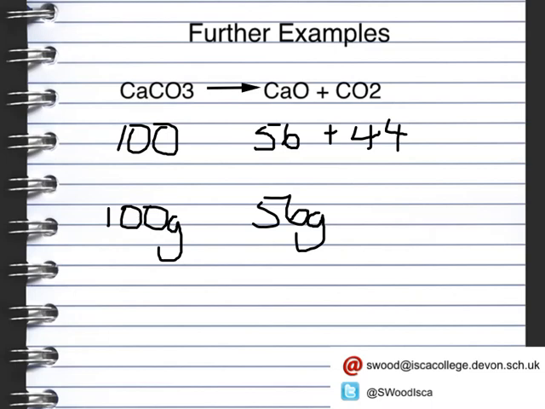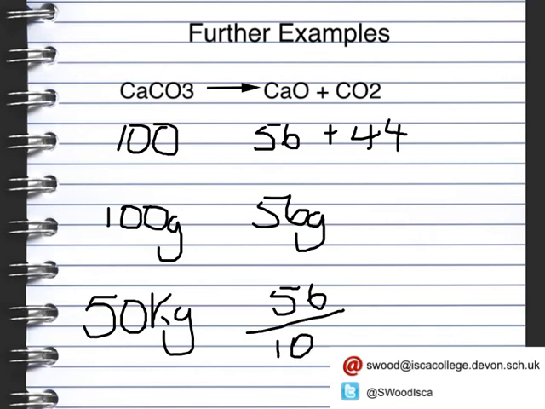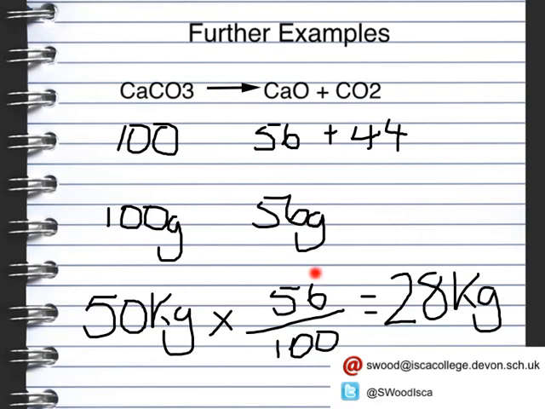So for example, if we had 50 kilograms of calcium carbonate, we would use the ratio of 56, which is the mass of the product, over 100, times the 50 kilograms to tell us how much of the calcium oxide we're going to make. And in this case we're going to make 28 kilograms of calcium oxide because of this ratio.